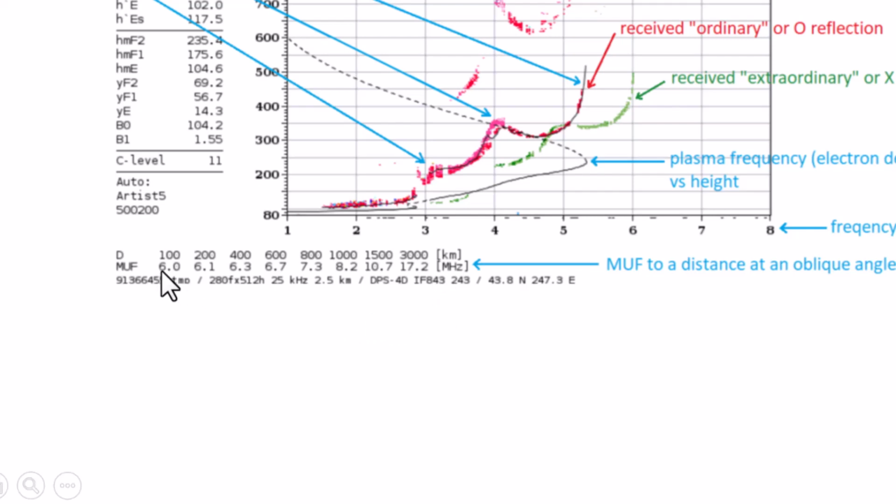And you can see the frequency can increase the greater the distance away from the station. So at 3,000 kilometers, roughly 1,800 miles, the MUF is just a little above 17 megahertz. But the closer the station, say at 100 kilometers, the MUF is only 6 megahertz.